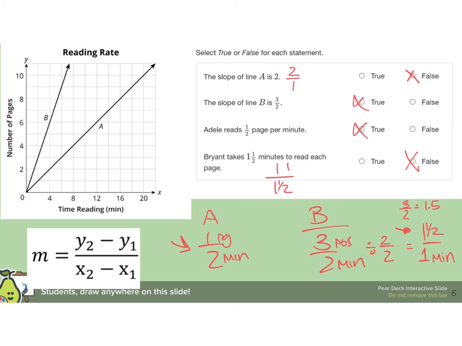It's not 1 page for 1.5 minutes. It's 1 minute for 1.5 pages. I know, a little confusing. This is why you always label your numerator and denominator, so you know what you're talking about. But that's it, okay?